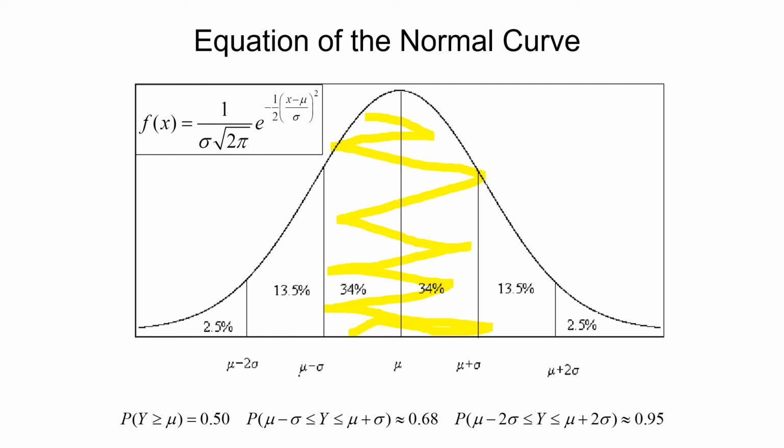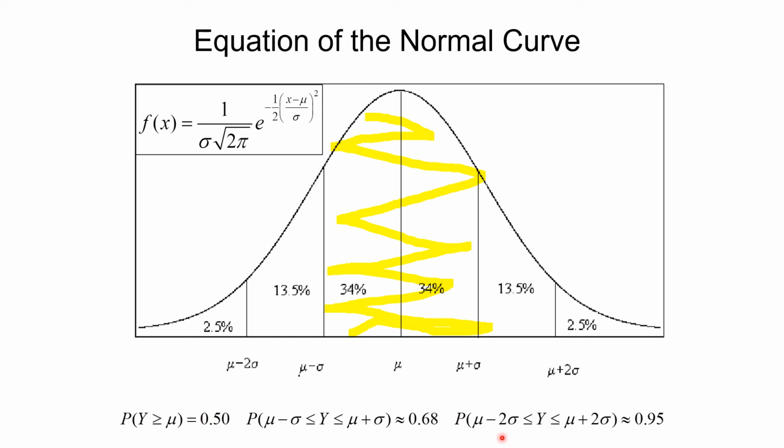You understand? It's between 1 standard deviation to the left and right. So it will be simply 34 plus 34, so it will become 68%. When you write probability, you don't write 68%, you actually write it as a value less than 1, so it will become 0.68. The same goes for 0.5 just now.